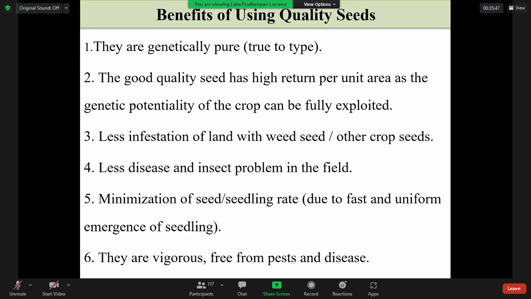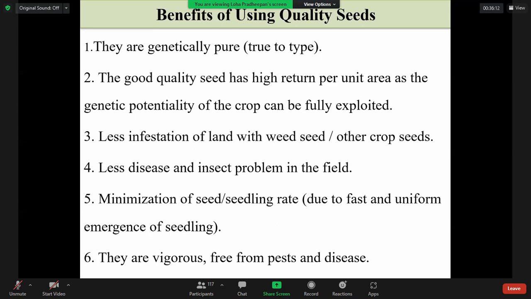If the seed is having good health, that means it is not affected by the pest or the disease. The shape of the seed, moisture content of the seed and the seed health.